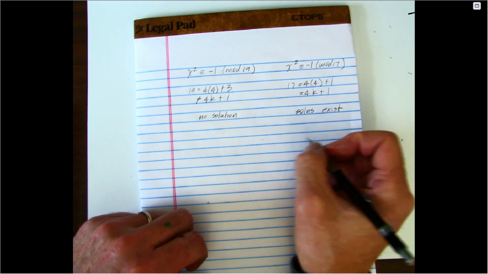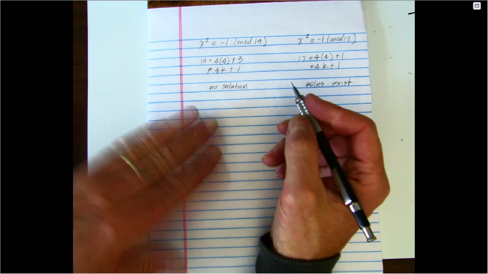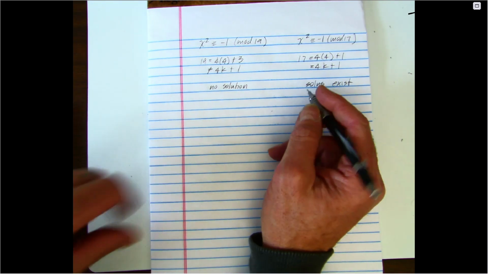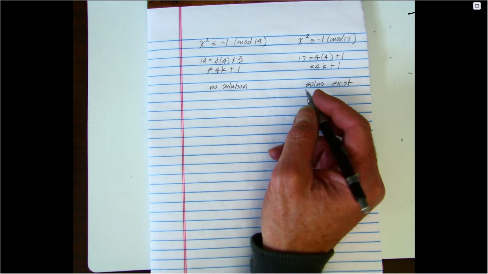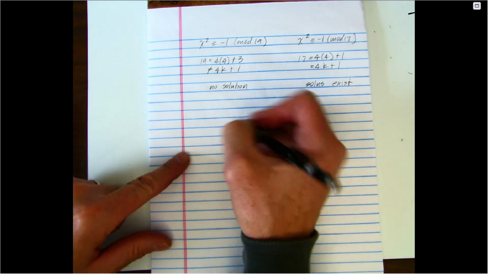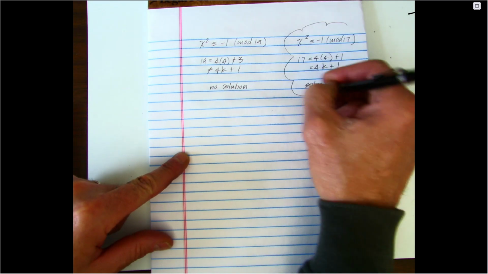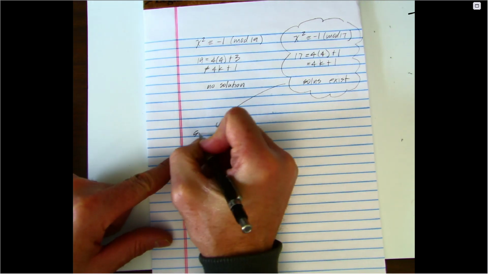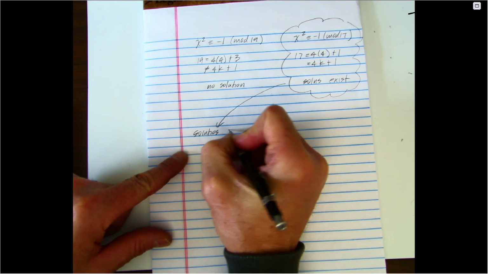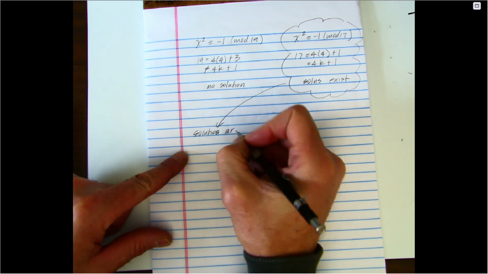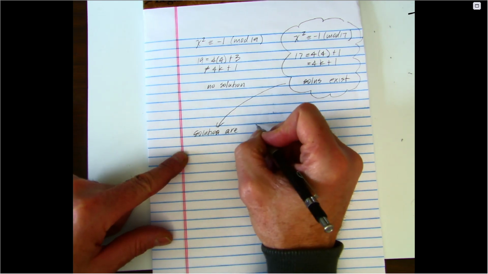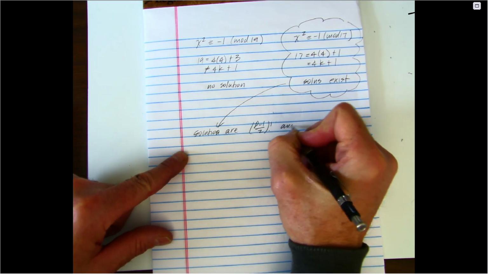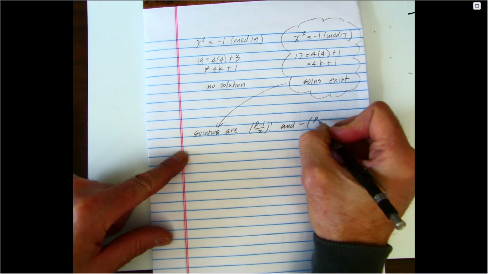Okay, and the solution, we're told by the theorem, is of the form, so I'll just say this one, solutions are p minus 1 over 2 factorial and negative p minus 1 over 2 factorial.